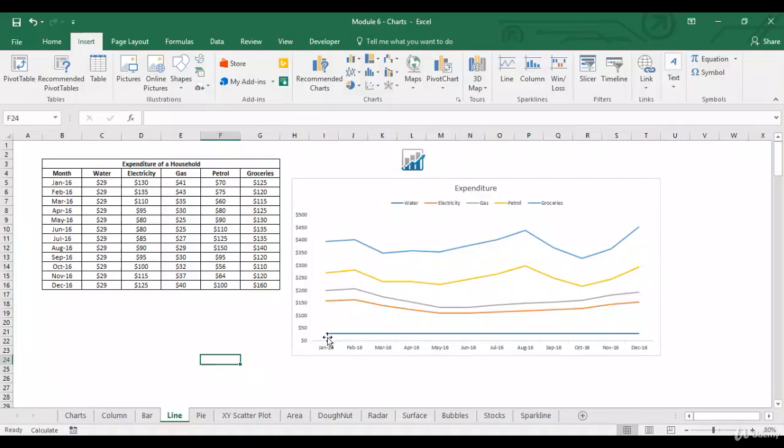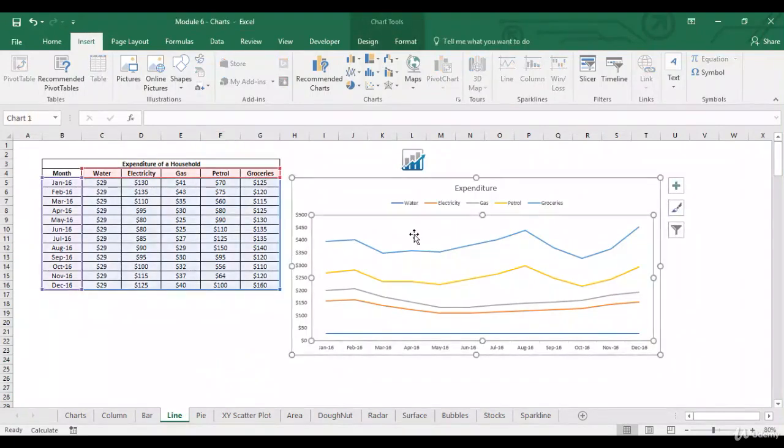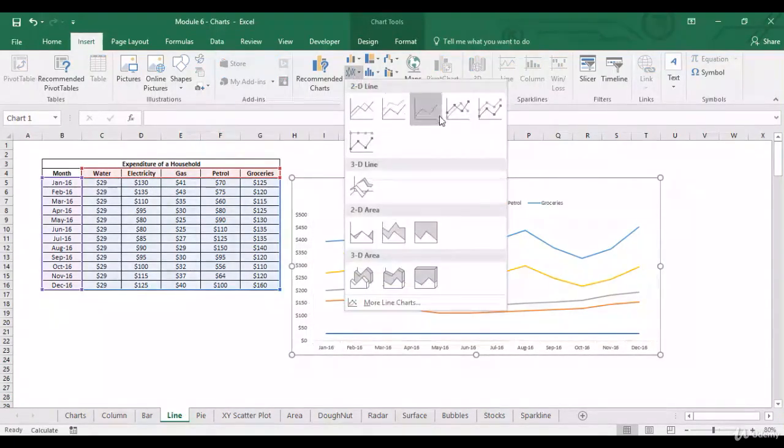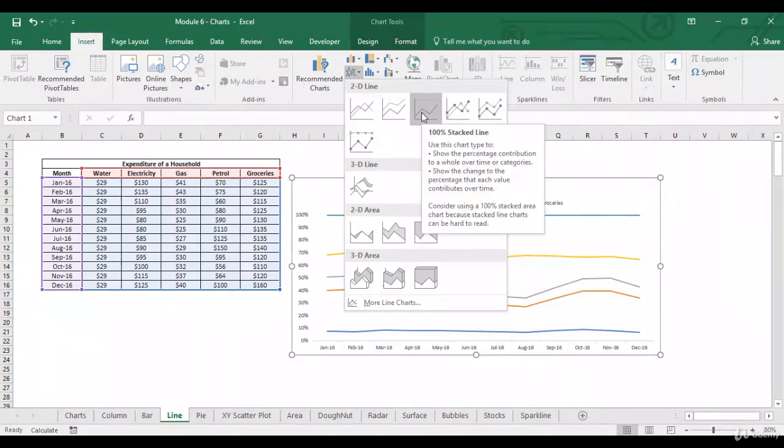So 29 is being represented between the x-axis over here and this particular blue line over here. Then from 29 we jump on to 159, which is representing the 130 dollars for the electricity bill and so on. But this chart is a bit difficult to read, so let's use the stack chart.